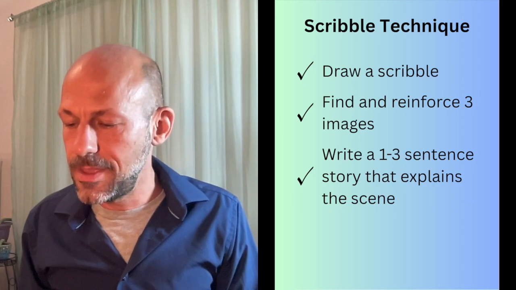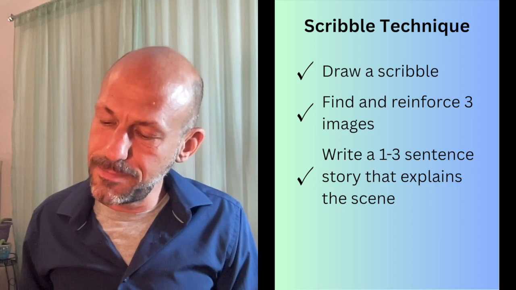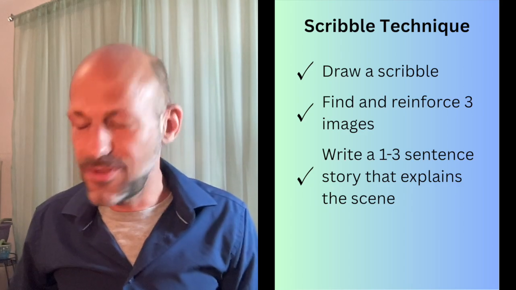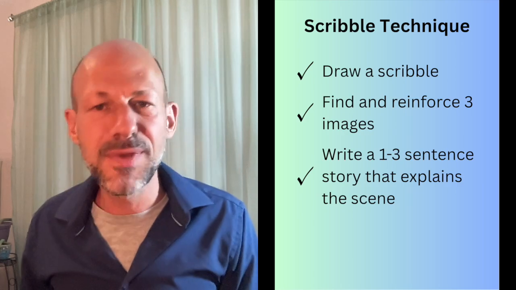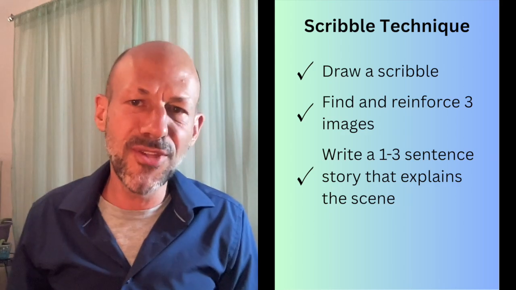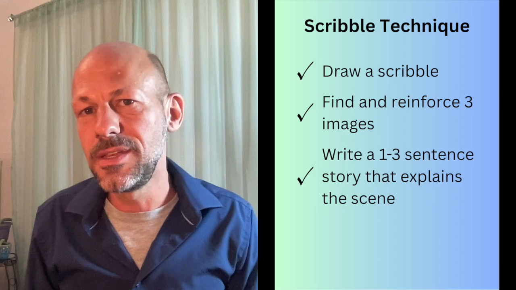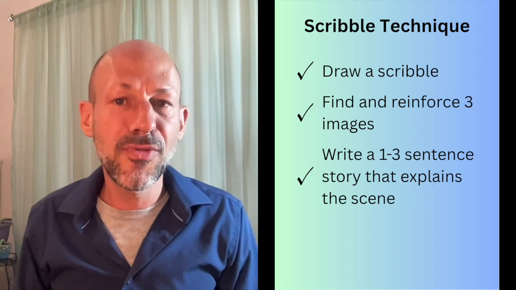I might tell a story along the lines of: the snake was about to bite the rabbit, but saw the stop sign and decided to hold off. It's just that first thing that came to my mind about what's going on in this scene. And that's step 3.